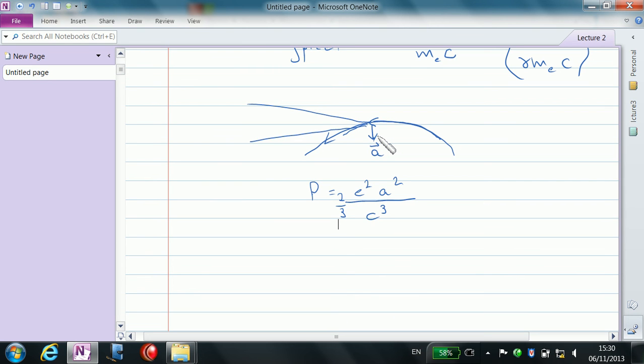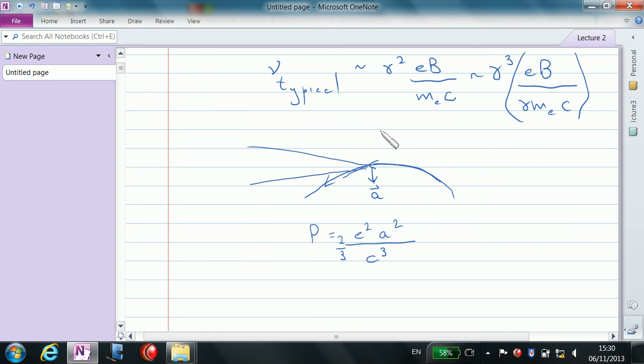Alright, I think I can actually do this. This is if I go into the frame of the electron. This is unprepared. I've never done it this way before. Let's see if it works. a is equal to eB over m times c.